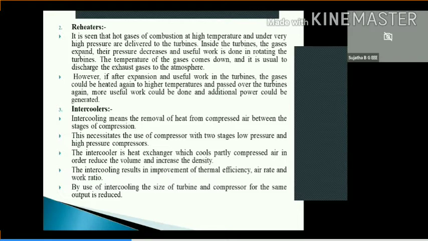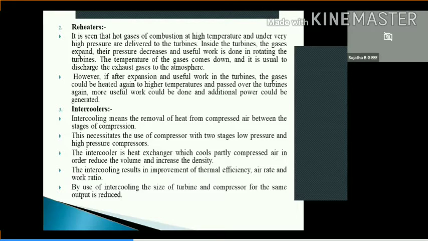How do you define density? That is mass per unit volume. When your volume is reduced, the density will increase. So due to this, what happens? There will be improvement of thermal efficiency, air rate and work ratio.